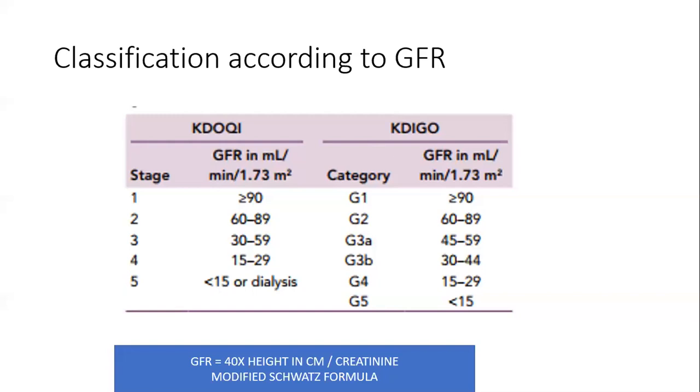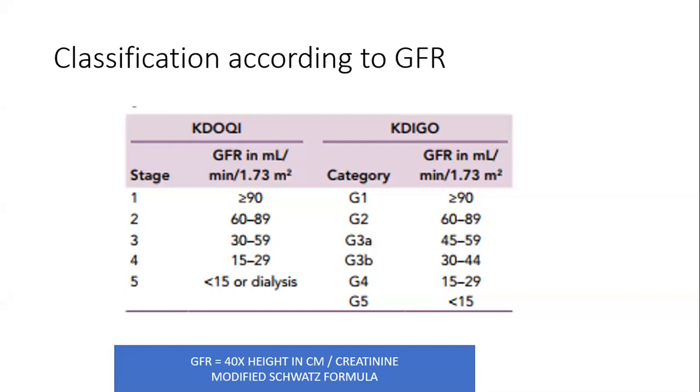Stage 1 is a child who has an eGFR of 90 or above. Stage 2 is when you have a GFR between 60 and 89, which is the same in both. The difference is at stage 3, because in KDIGO, which is more commonly used in pediatrics, you have stage 3A and stage 3B.